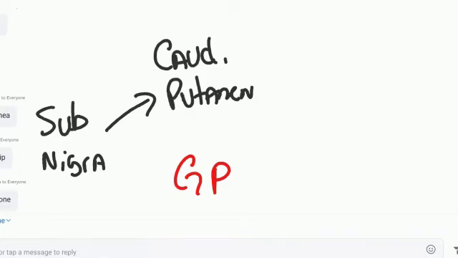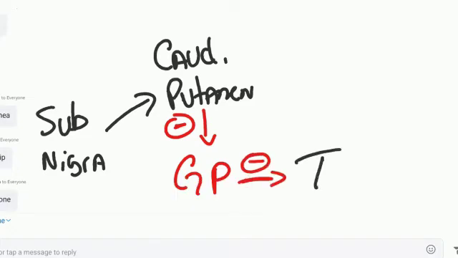You say, well, what do they do to the globus pallidus? They inhibit the globus pallidus. You say, well, why? Why are they inhibiting the globus pallidus? Well, it's because the globus pallidus is trying to inhibit the thalamus. You say, oh. And what's the thalamus trying to do? Well, it's trying to assist with some movements. It assists with movement.